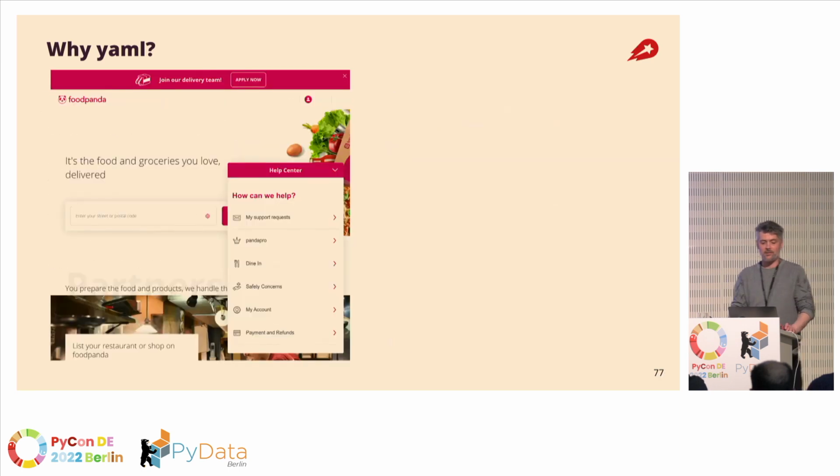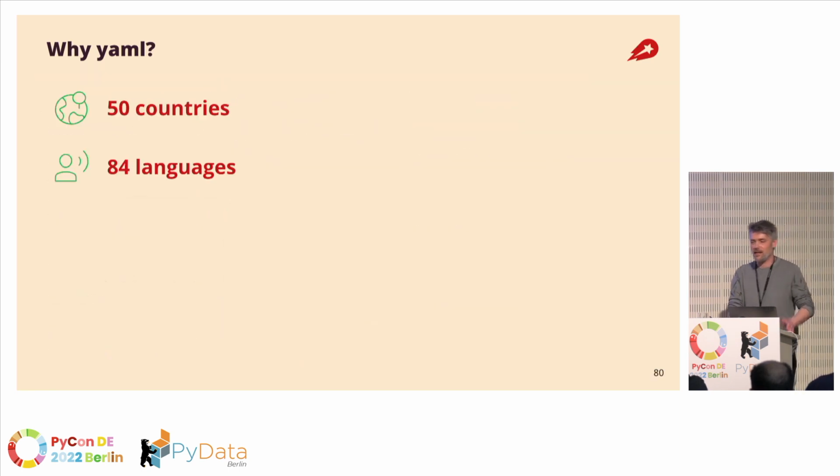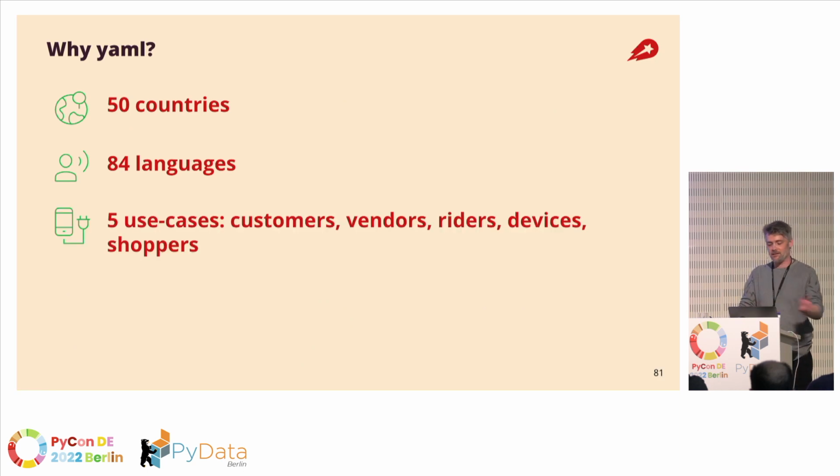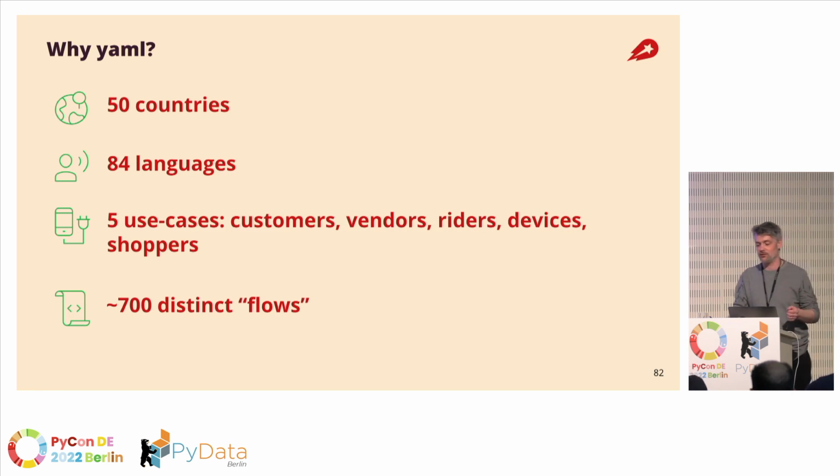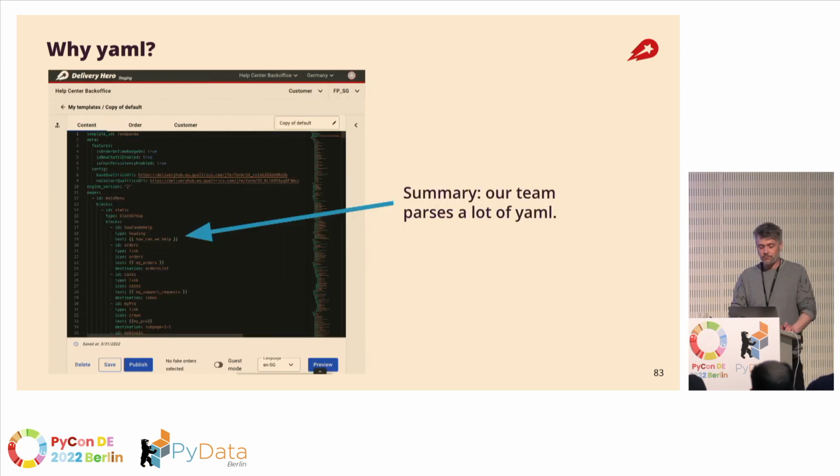And that Help Center is embedded in 50 countries, 84 different languages, and 5 different use cases: customers, vendors, riders, devices, and shoppers, making about 700 distinct flows, or 700 distinct versions of that tree, all with their own fairly complicated logic embedded in different rules for when a user is allowed to create a case or a chat or refund an order. And the way we manage that is in a back office, and you guessed it, that tree is defined in a big YAML structure.